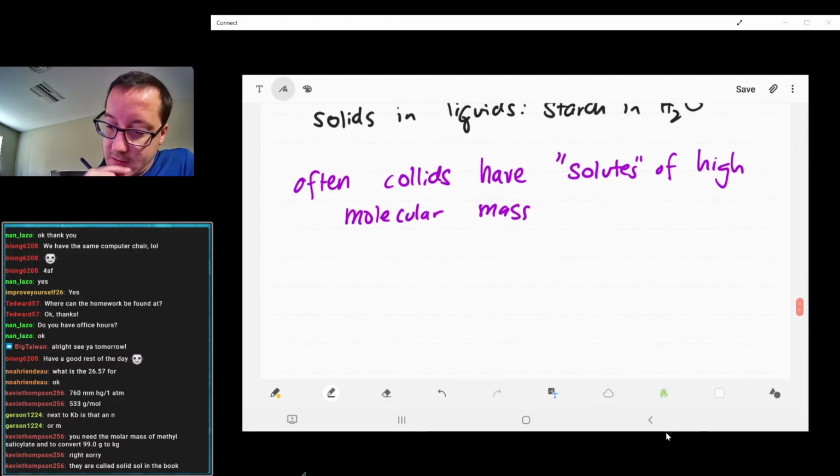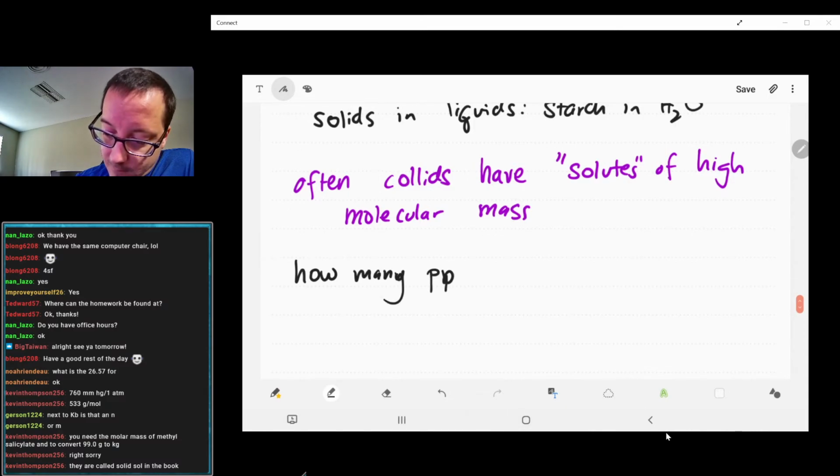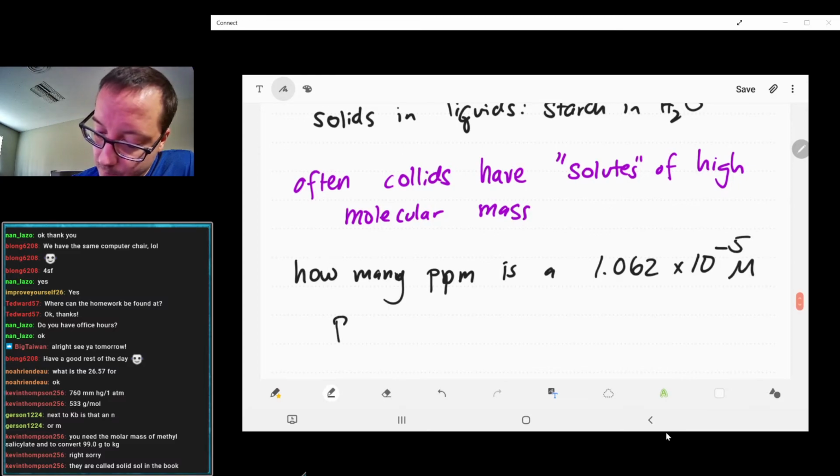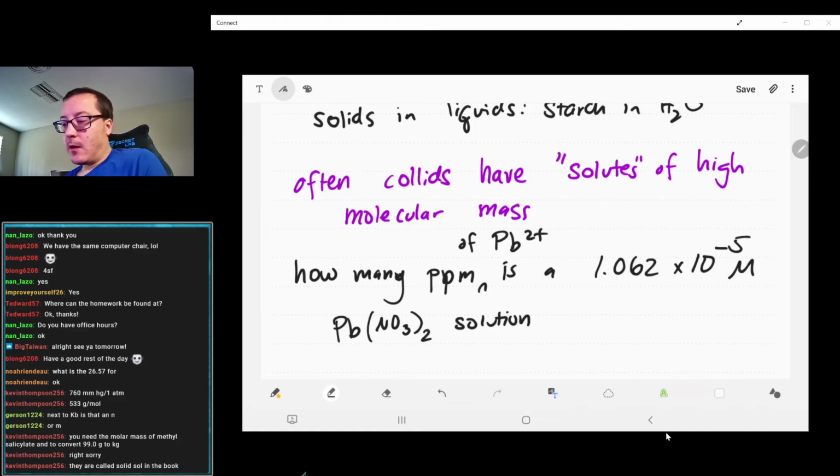Let's do some, what other fun solution stuff shall we do? Let's do some unit conversion.